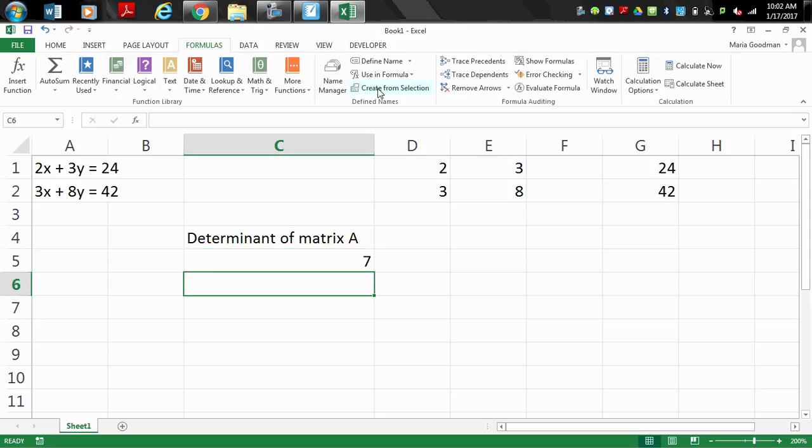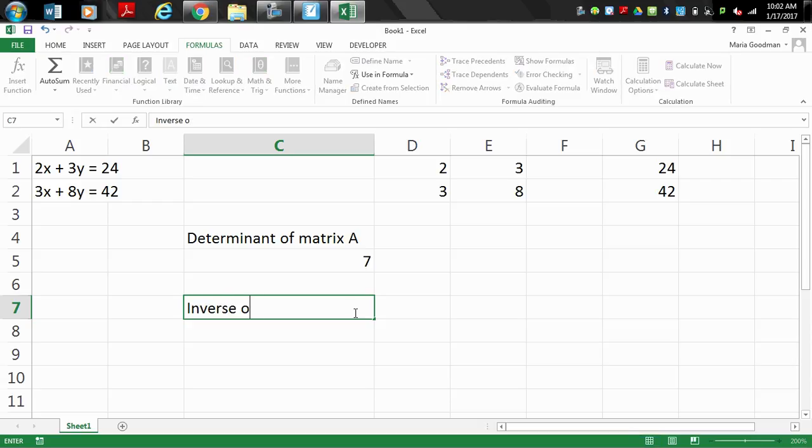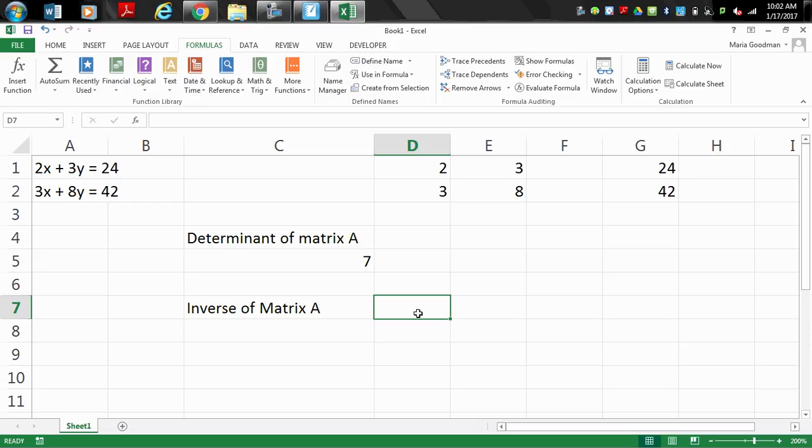So as long as that comes back not 0, then you find the inverse of matrix A. You have to look at it, and it's a 2 by 2. So it's going to be a 2 by 2.